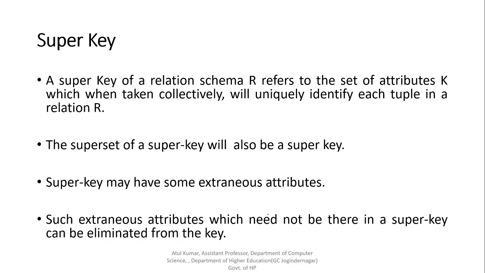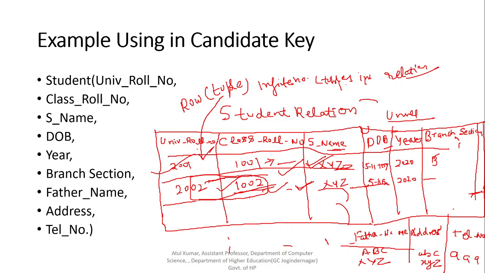The next point here is very important: a superset of a super key is also a super key. So if we take the superset of the key, in the previous example the superset is all the attributes in this relation.